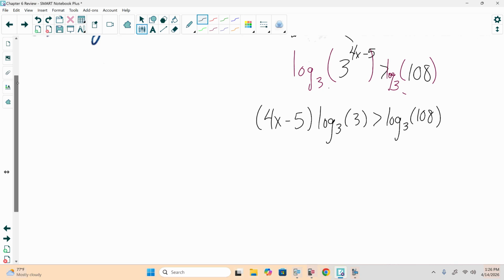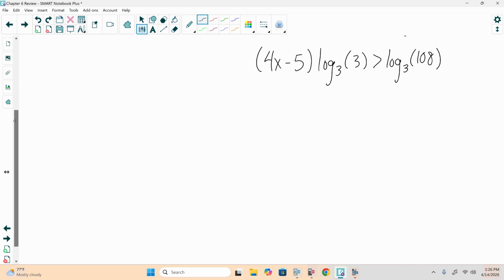Did I really need to write log base 3 of 3 in the second step? Not so much, because what is log base 3 of 3? 1. Really telling me that 4x minus 5 is greater than log base 3 of 108.